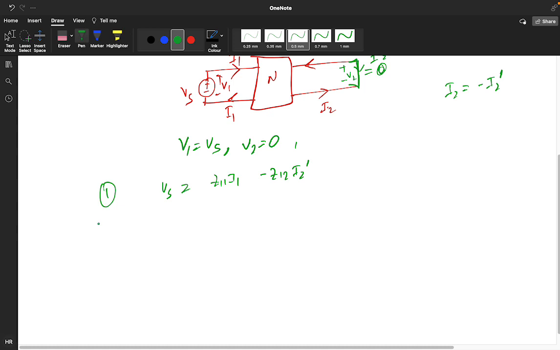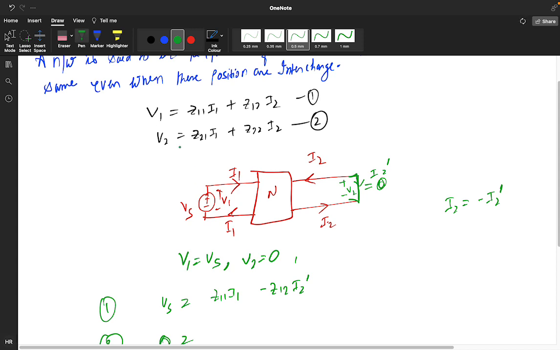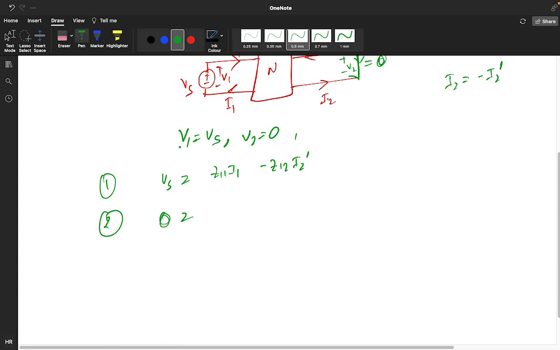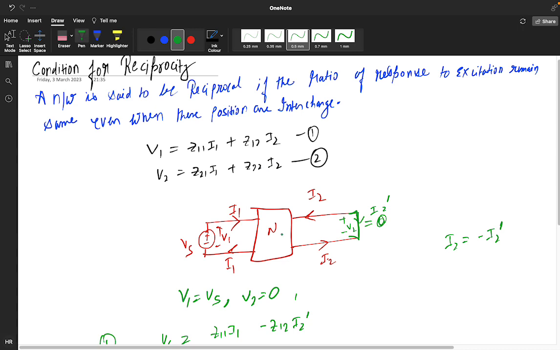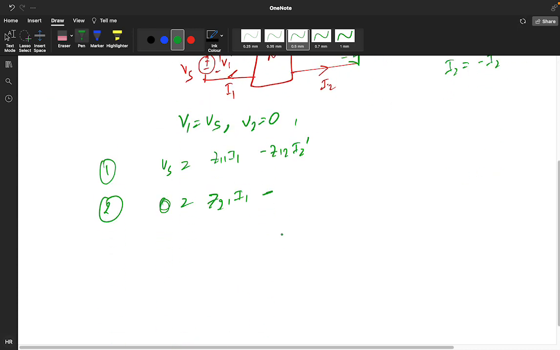If you go for equation 2, your V2 value is 0, and it is equal to Z21 I1 minus, again I2 dash will come, because in place of I2 I am writing I2 dash, minus Z22 I2 dash.